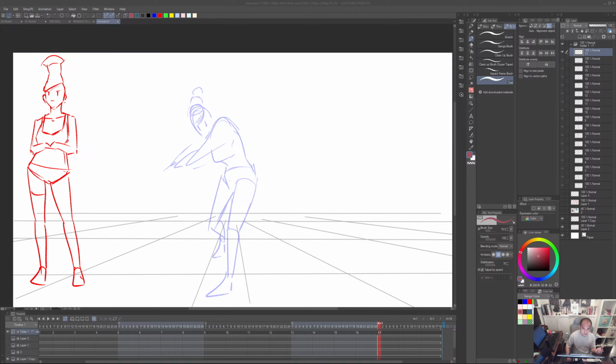You see the shapes that I'm doing. It's super rough, man. Like super rough shapes, bro.